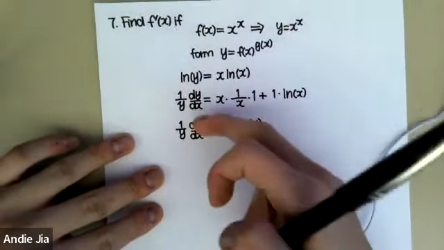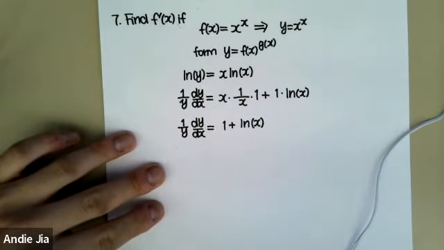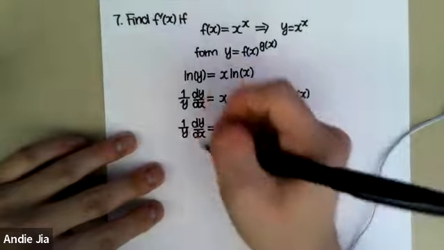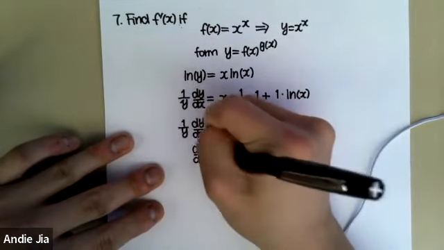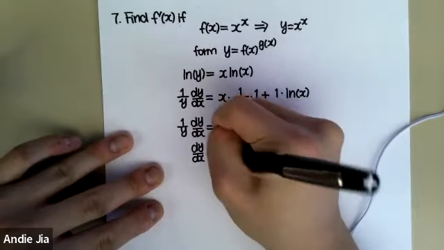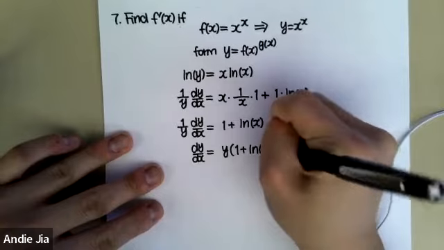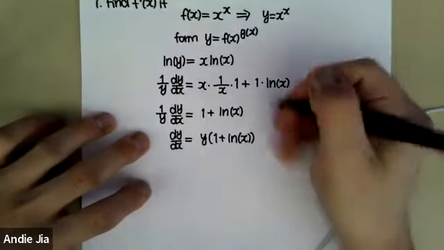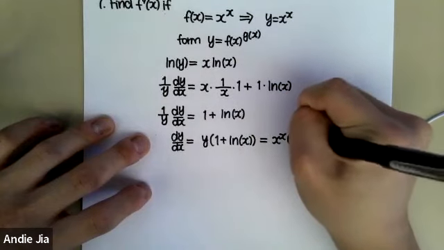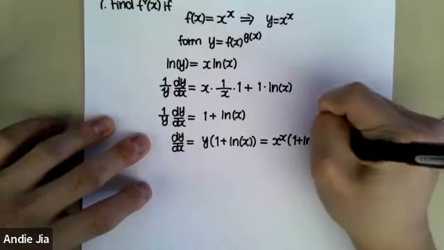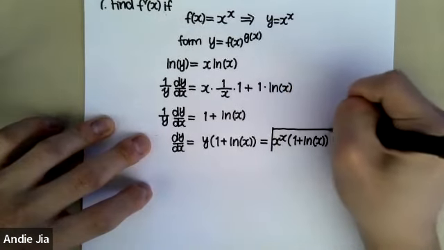And if you want dy/dx, you just multiply y to both sides. So you get dy/dx equals y times 1 plus natural log of x. So this is just x to the x times 1 plus natural log of x. This is the derivative.